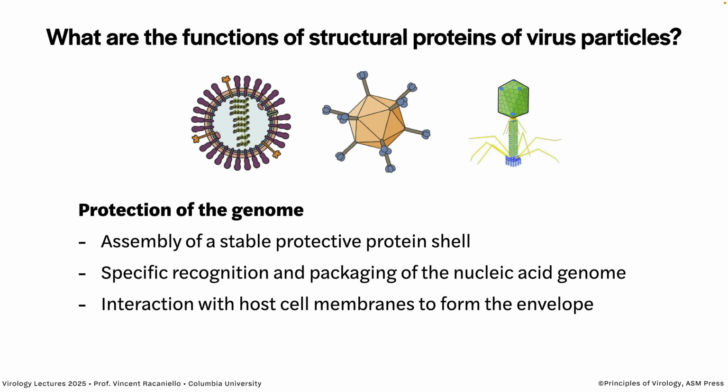Also, the shell's function is to make sure that the right nucleic acid gets into the particle, right? You can imagine in a virus-infected cell, there's lots of nucleic acids floating around. How do you make sure that the viral nucleic acid is the one that gets in? That's one of the functions of the viral structural proteins.